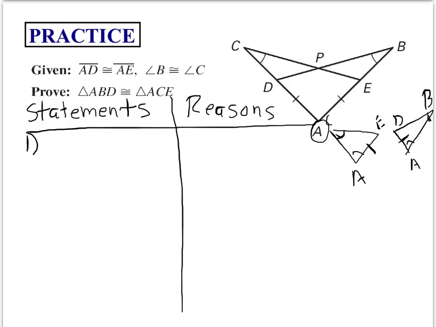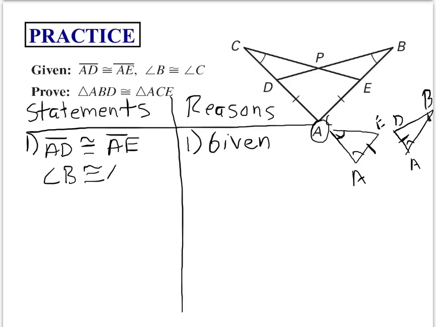The first statement we're going to say is that AD is congruent to AE. This is given to us. And it's also given to us that angle B is congruent to angle C. That's still in our givens.